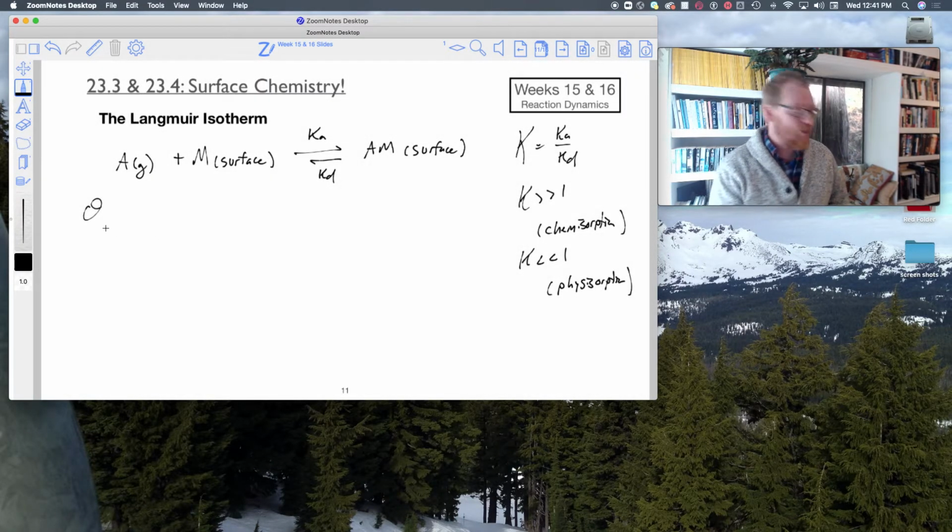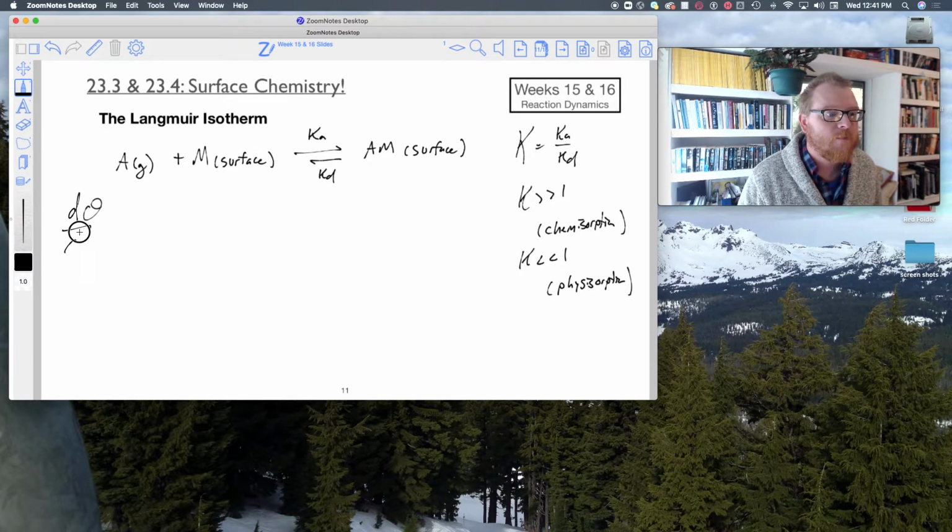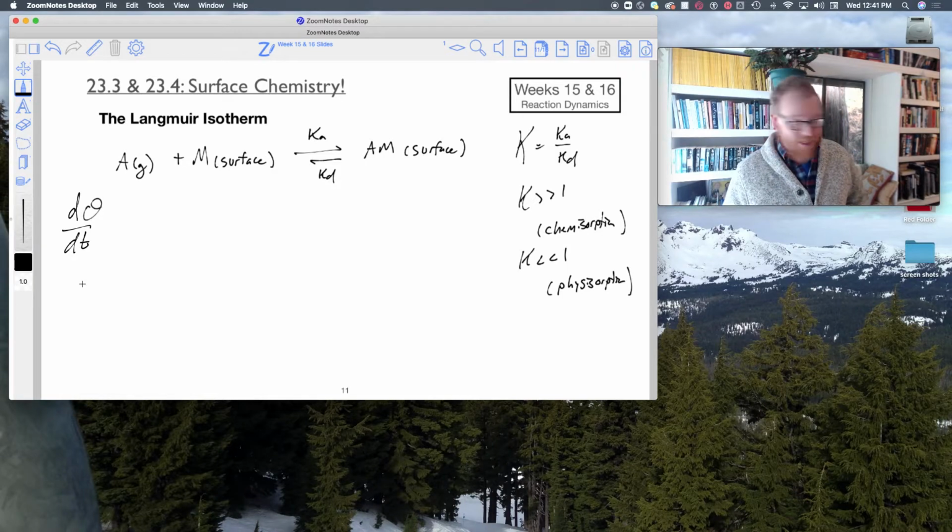So moving along, we can talk about the production of monolayers, d theta dt, by the following. In terms of desorption, I think it's a little bit easier to work out.